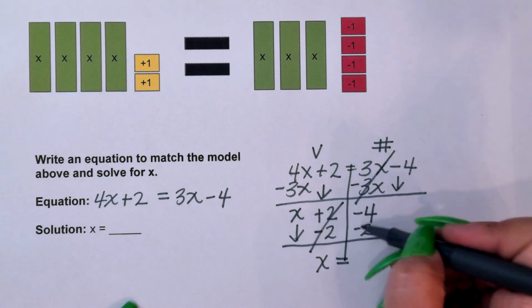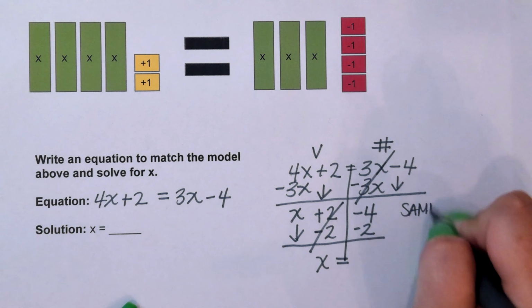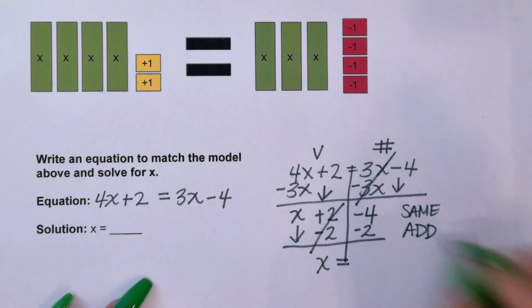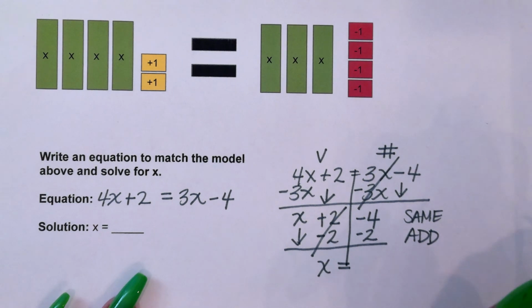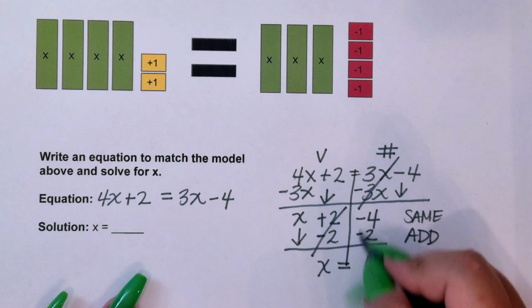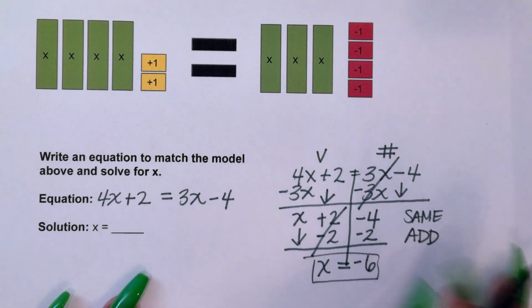So these are the same signs. They're both negative. So whenever you have the same signs, you need to add the numbers and keep the same sign. So 4 plus 2 is 6, and keep the same sign of a negative. So x equals -6.